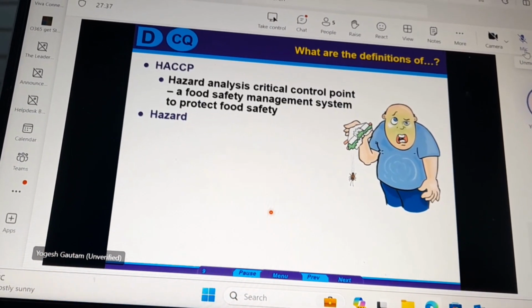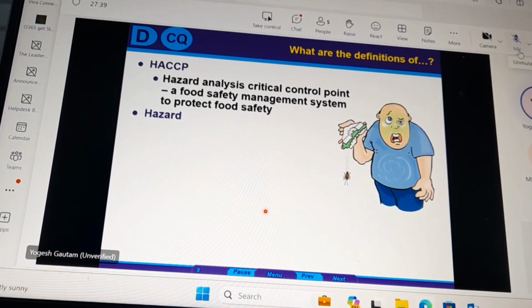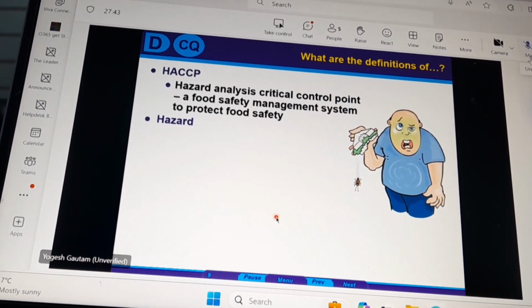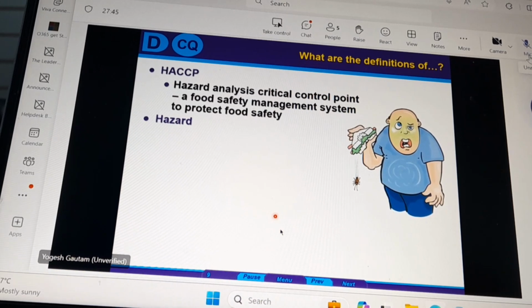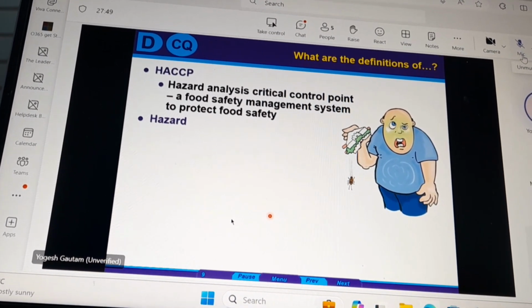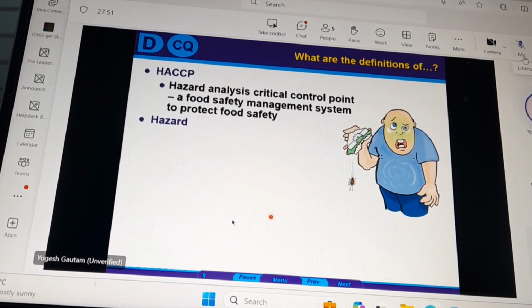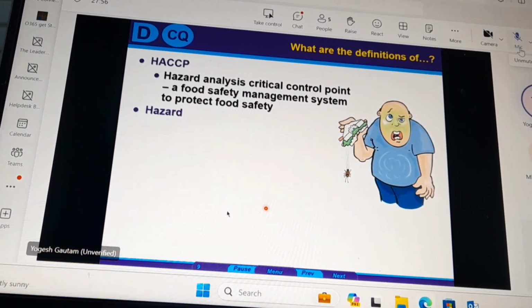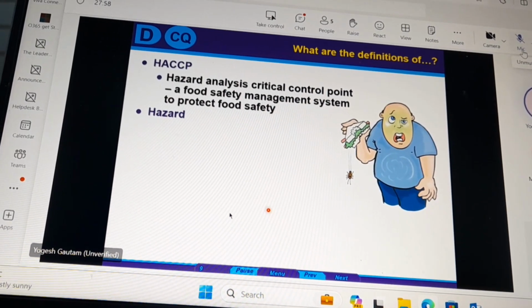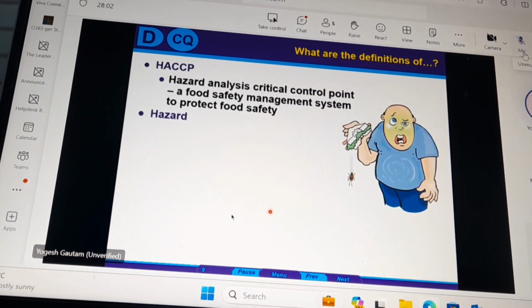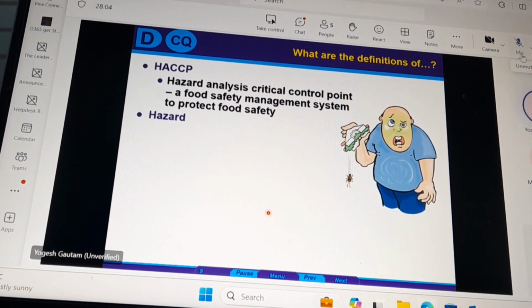HACCP is basically the hazard analysis critical control point. It is a system which will ensure that your food remains safe. It will guide you. You might see the certificate, HACCP certified organization. So HACCP basically contains the procedures, policies, SOPs, work instructions, how to prepare, how to store, how to deliver food safely.